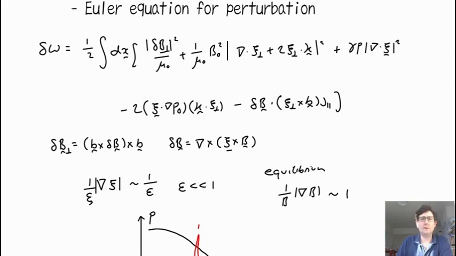So I'll write down here. This is a gradient of the perturbation, and this is a large quantity, so this is order 1 over epsilon. And so this term here is like 1 over epsilon squared. This is a large one.